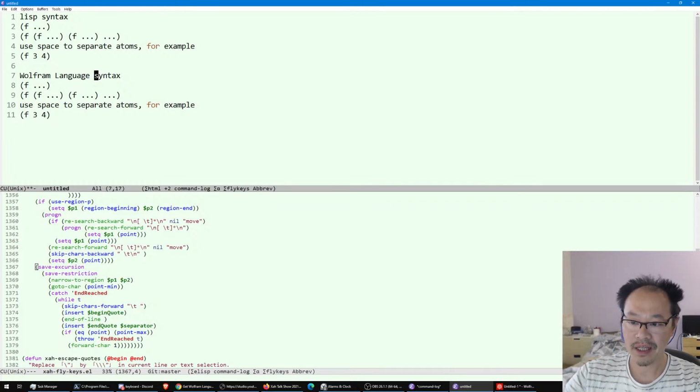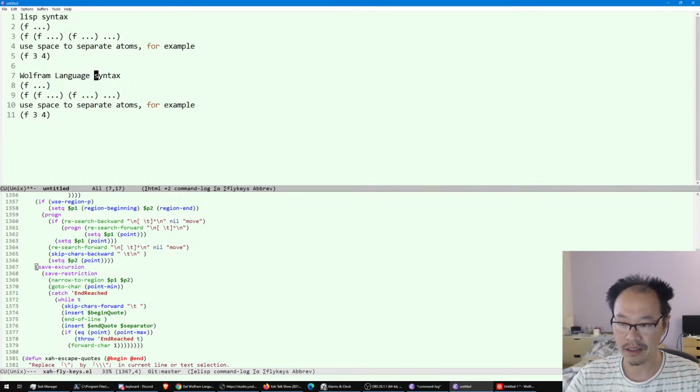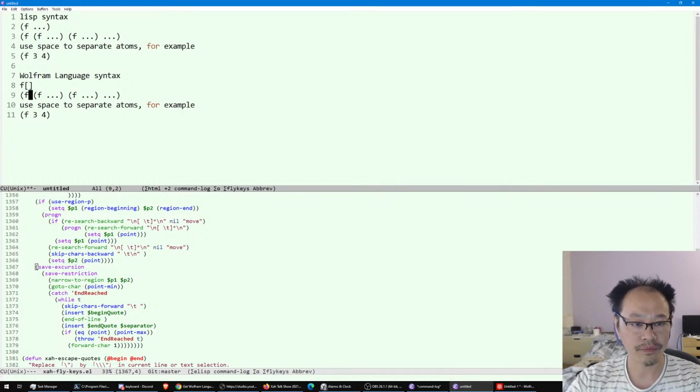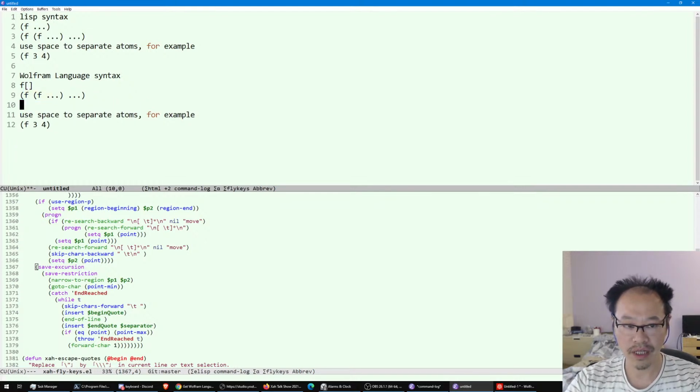In fact, take any Lisp syntax, you can transform it in a systematic way to obtain the equivalent Wolfram Language syntax. Let's simplify. So how about this one? How do you do that in Mathematica? Simple, like that.